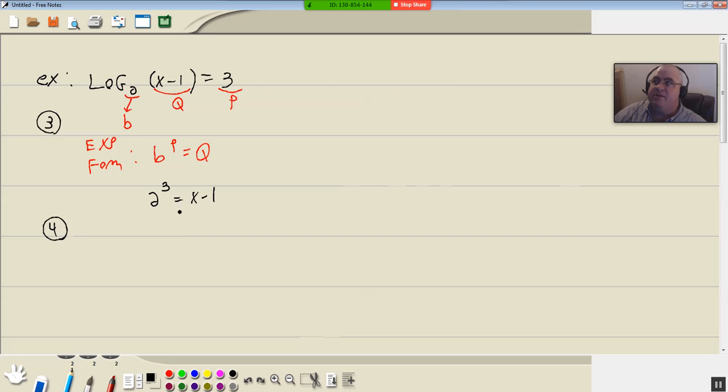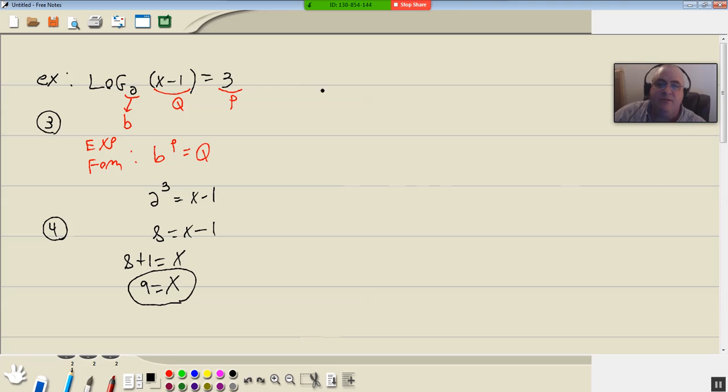And then step 4 is we want to solve for x. 2 to the third is 8. Take negative 1 over. We get 8 plus 1 is equal to x. Or we get x is equal to 9. Maybe. Remember, we have to semi-check it to make sure we don't have a log of 0 or log of a negative number. If I put the 9 back up in my original problem, 9 minus 1 is 8. And that's fine. It's not negative, it's not 0.